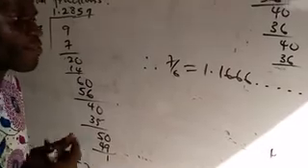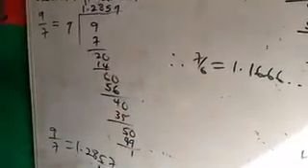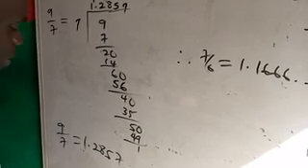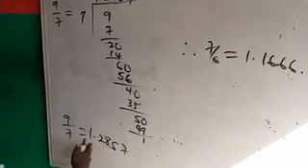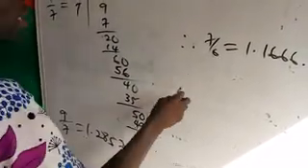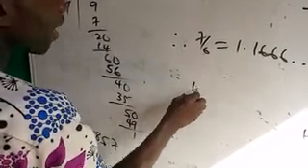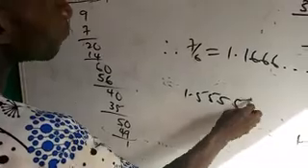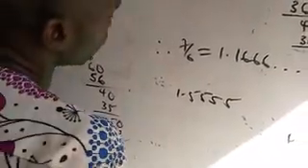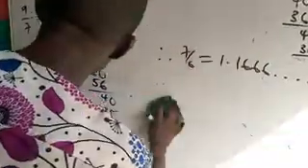Whenever you have decimal fractions that repeat themselves, it's called repeating or recurring decimal. But if it terminates like this one, it is called terminating decimal. If you also have something like 1.5, it's also a terminating decimal. But if you now repeat 5555, it becomes a repeating or recurring decimal.